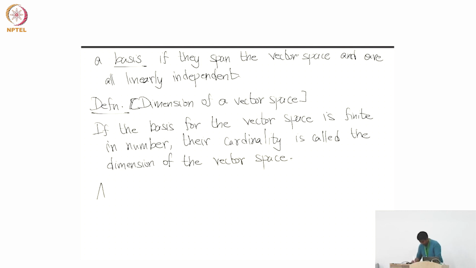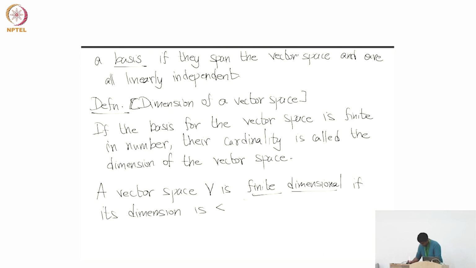And finally, a vector space is said to be finite dimensional if its dimension is finite. Okay. Question? No. Cool.